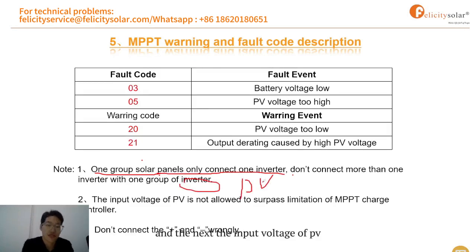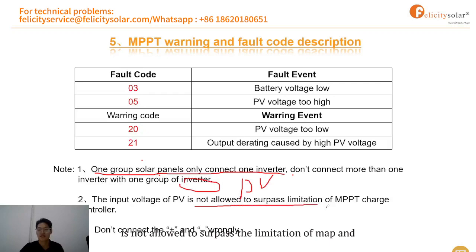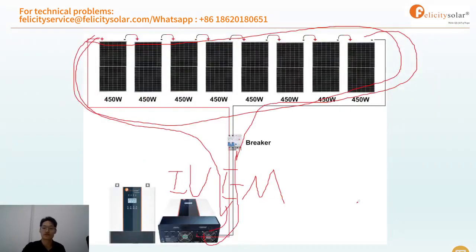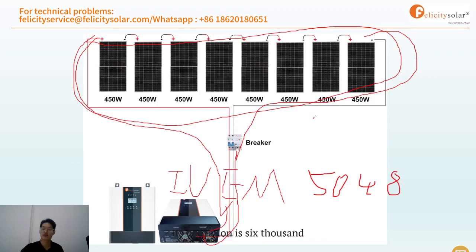Next, the input voltage of the PV is not allowed to surpass the limitation of the MPPT solar charge controller. For example, this is the IVEM 5048. Its limitation is 6,000 watts for the MPPT solar charge controller.